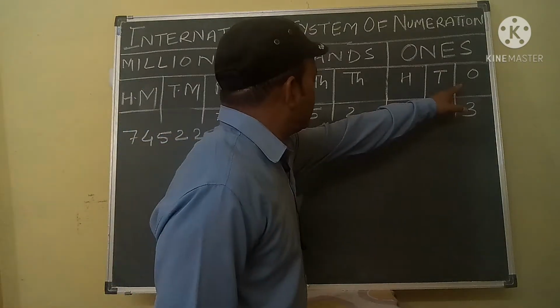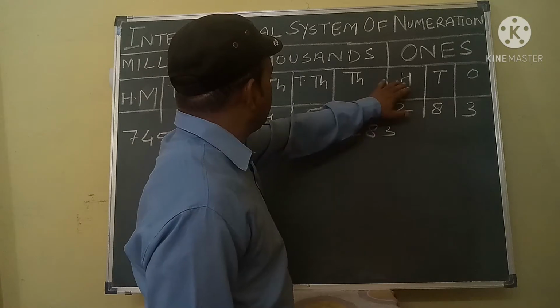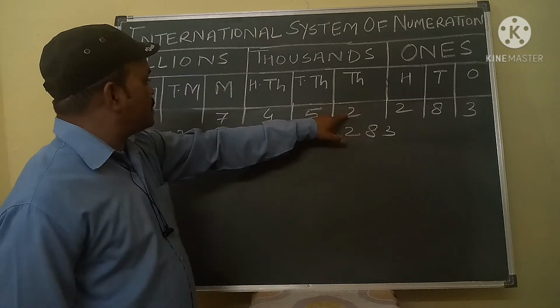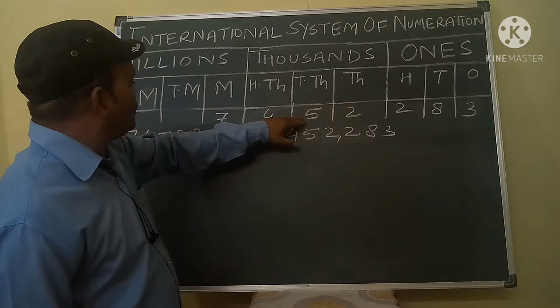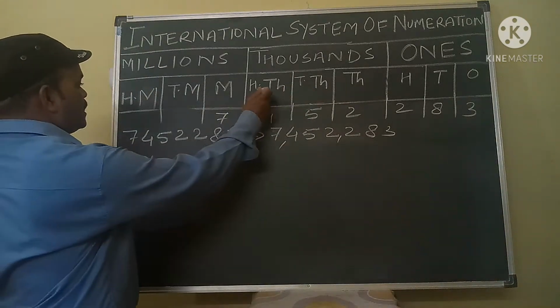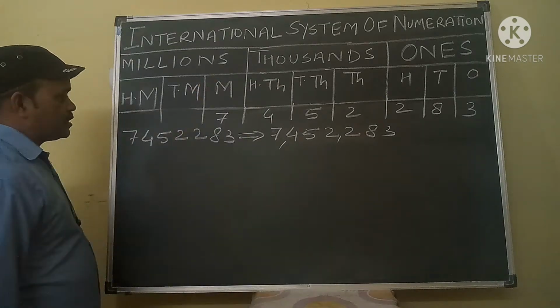3 is in ones place, 8 is in tens place, 2 is in hundreds place, 2 is in thousands place, 5 is in 10,000 place, 4 is in 100,000 place, 7 is in millions place.